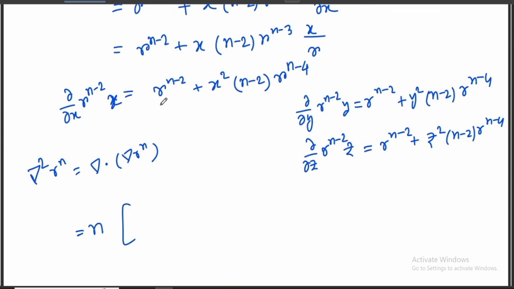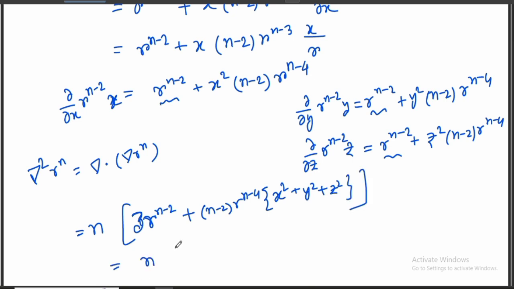So r to the power n minus 2 we get 3 times, so it will be 3 r to the power n minus 2, plus we get this term n minus 2 and r to the power n minus 4 as common, so it will be n minus 2 r to the power n minus 4 times x square plus y square plus z square.